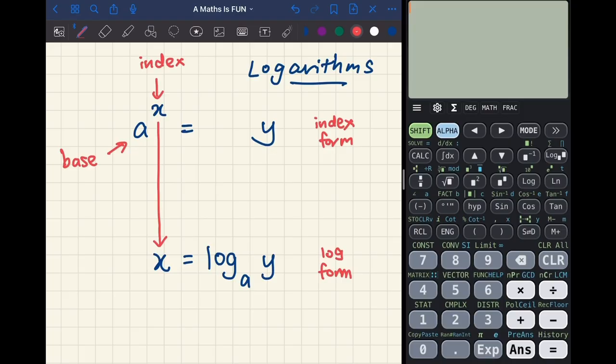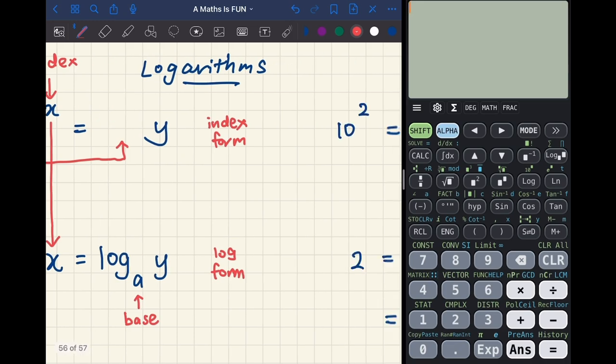We keep that on the left hand side, and the base a goes over as the base of the log function. Of course, we have the y. So this is how we convert.